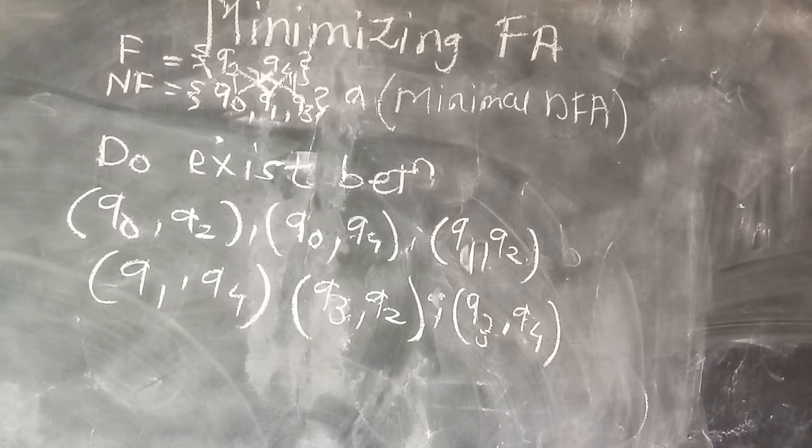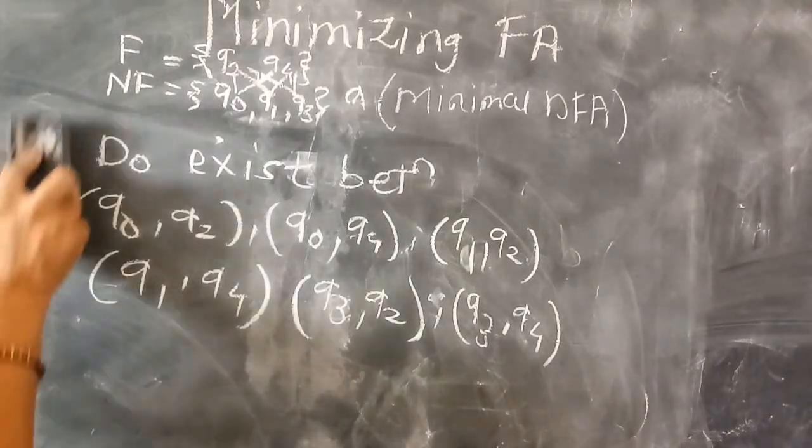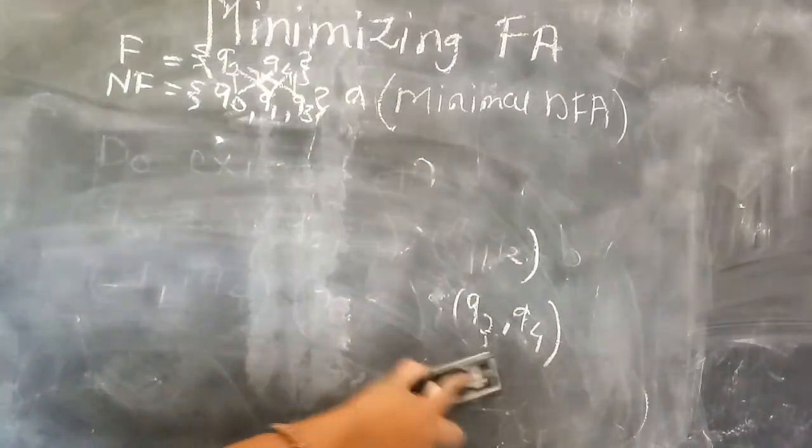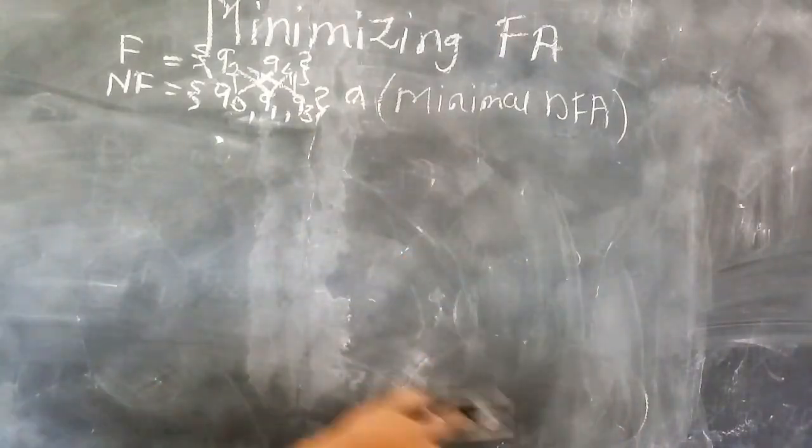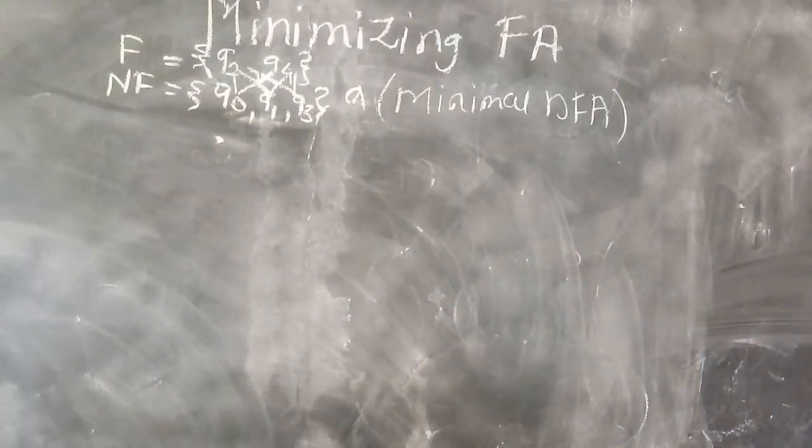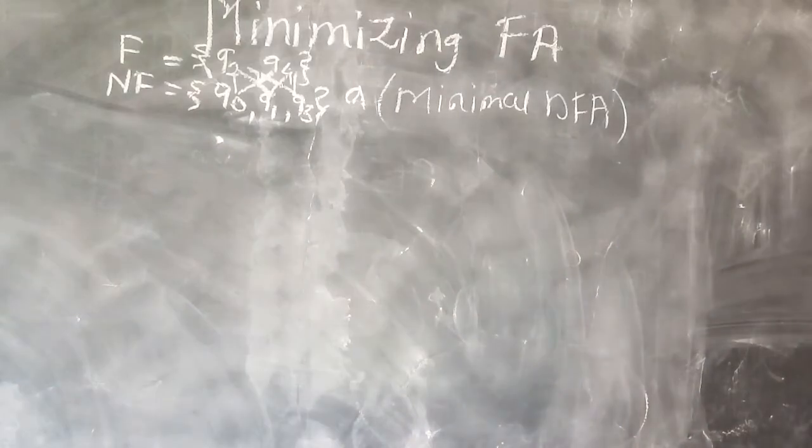Now we have to draw a triangular diagram for identifying the distances d0, d1, d2 and so on between these states. For that, carefully draw the diagram as I am drawing it and then you will get the detailed idea.